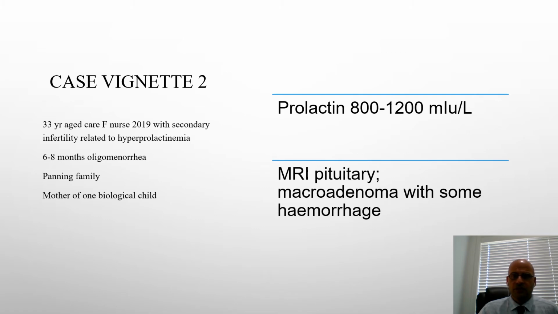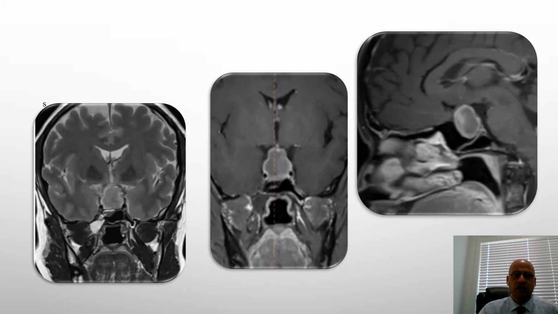Her prolactin was mildly elevated, and the MRI pituitary showed macroadenoma. Now, I hope you appreciate on the T1 images this iso-intensity to the gray matter. There was a patch here of hyperintensity, and once you give the gadolinium, the rim of the lesion lights up and becomes hyperintense, and all of it is consistent with Rathke's.